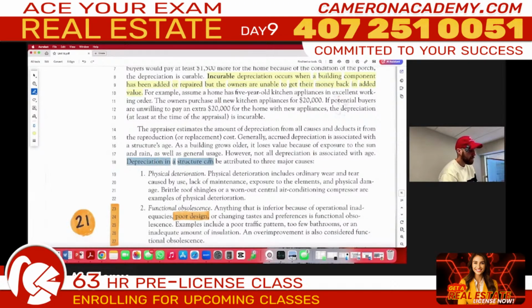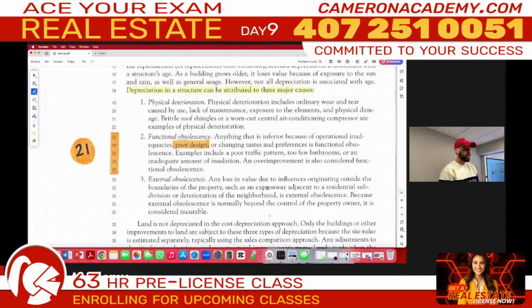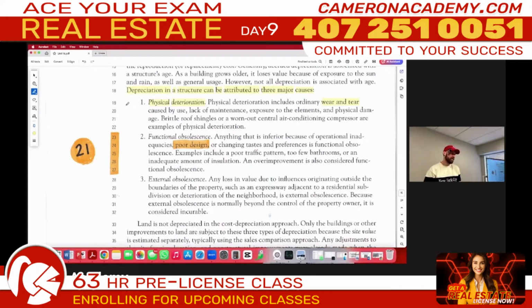Line 18. Depreciation in a structure can be attributed to three major causes. Physical deterioration, which is simply put, wear and tear. An example of this, the roof, the shingles, they're falling apart because of exposure to the sun.